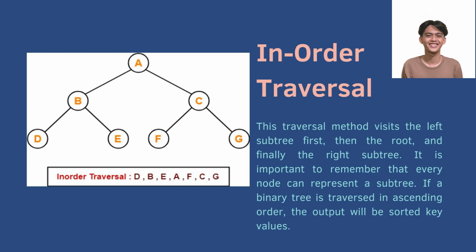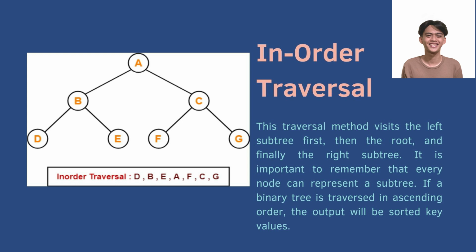So in-order traversal says that you must visit the left subtree first. So the left subtree in our diagram is letter D, and the next step will be going through the root. But in our diagram, before the root, there's letter B and letter E. So we'll go through B and then E. And the next step will be finally the right subtree.